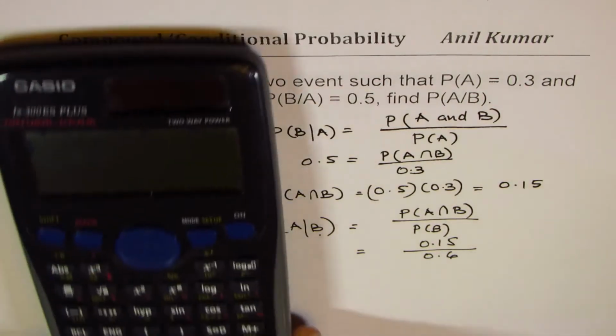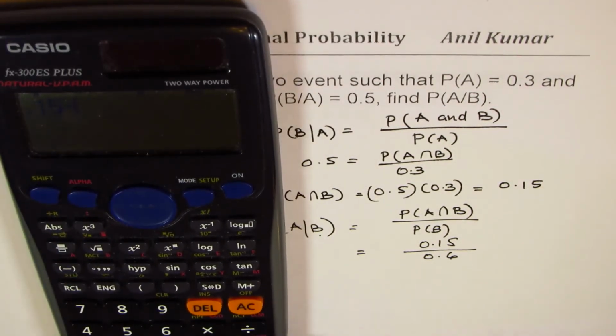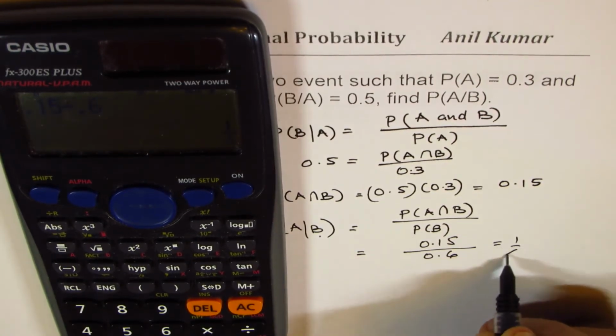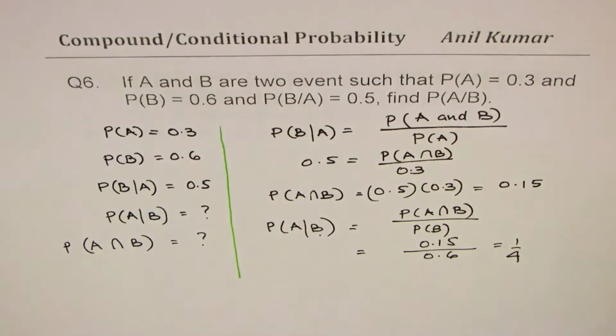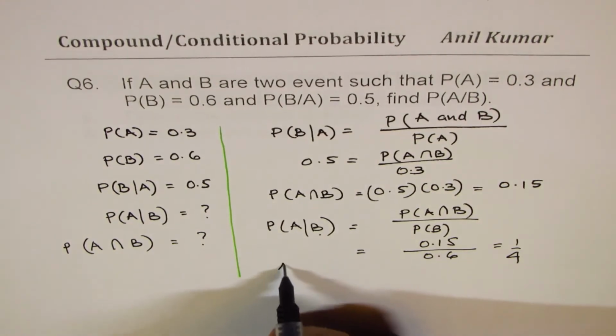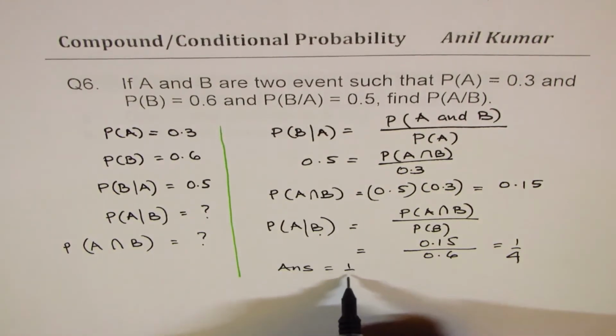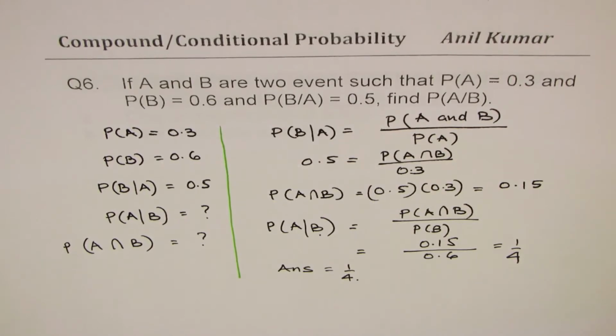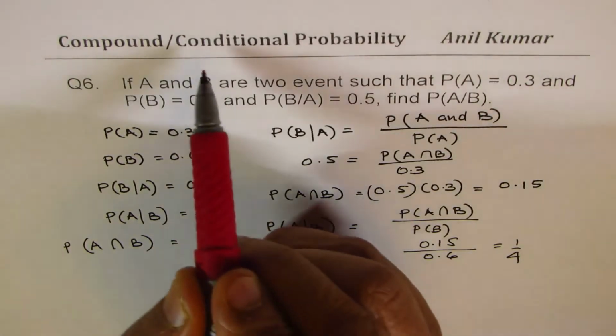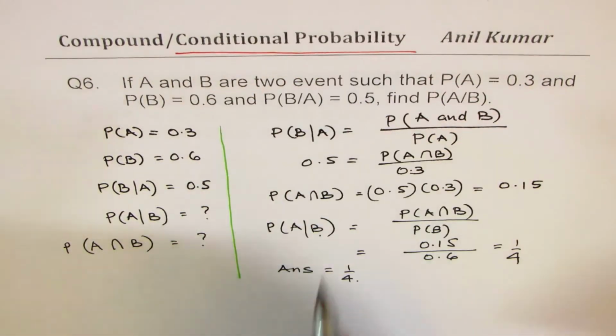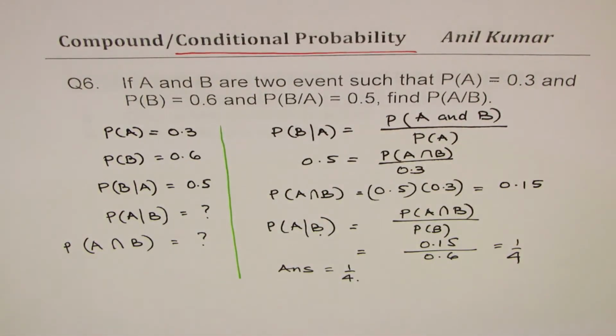So we have 0.15 divided by 0.6 equals 1 out of 4. So the answer is 1 out of 4. I would like you to go through these steps once again. They will really help you understand how to figure out conditional probabilities using this formula.